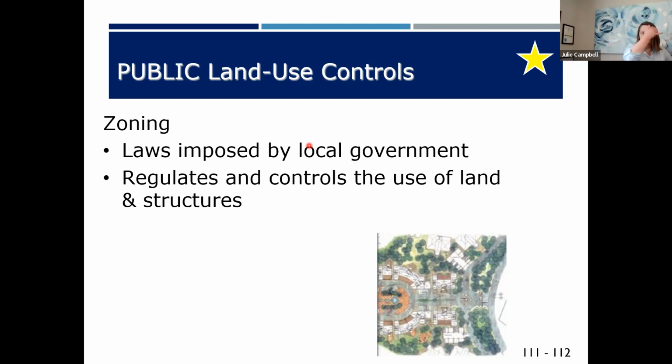Some of you right now on your properties may have something called a setback restriction. A setback restriction tells you how far back you set your home from the road. They may have a zoning regulation that says you can't build any closer than 20 feet, for example, to the road. They're regulating how you use the land.